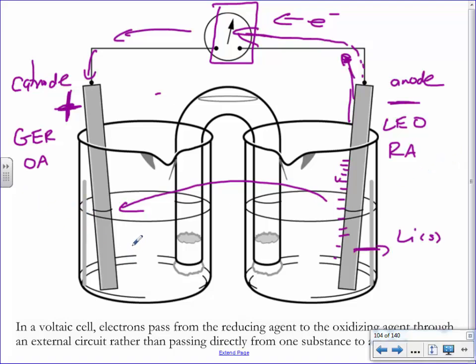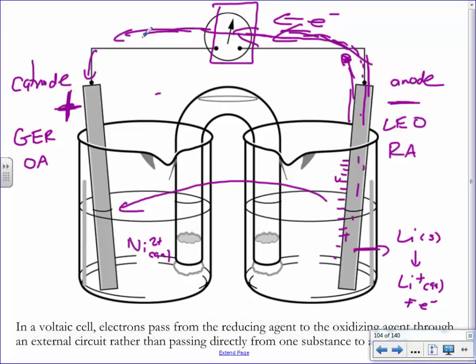What ends up happening then is it's actually not nickel solid you want. It's nickel 2+ ions you want to have sitting in the solution. Because what ends up happening is this lithium solid turns into lithium ions, and it spits out some electrons. And those electrons then can now go through your wire.